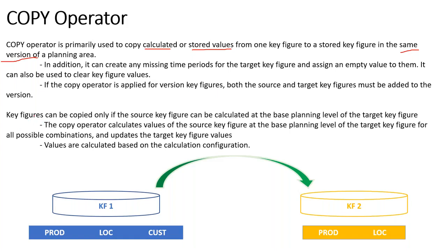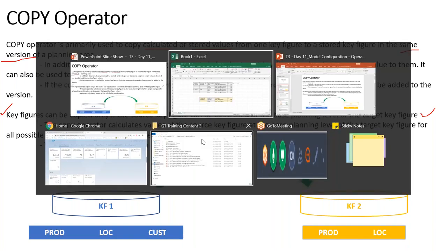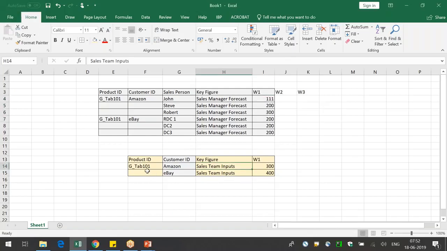Let's read this. This is a key point: key figures can be copied only if the source key figure can be calculated at the base planning level of the target key figure. That means sales team input is at product and customer level.